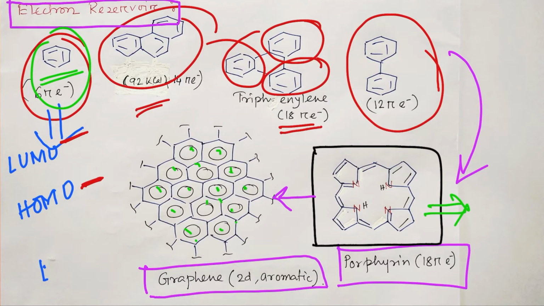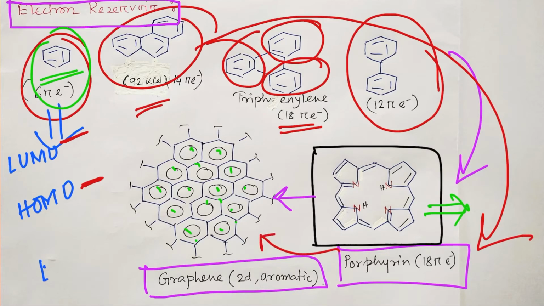Now when there are many bonds, the number of electrons increases, and these orbital energy levels further couple together and ultimately the overall gap between HOMO and LUMO decreases. So consequently, if you add one additional electron to the LUMO, the instability is not that much. If you take one from the HOMO, the instability is also not that much.